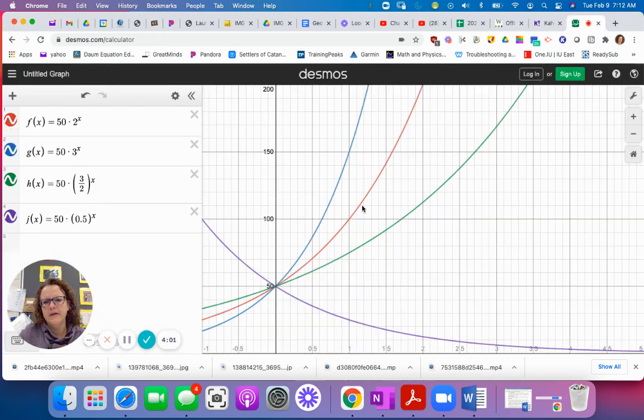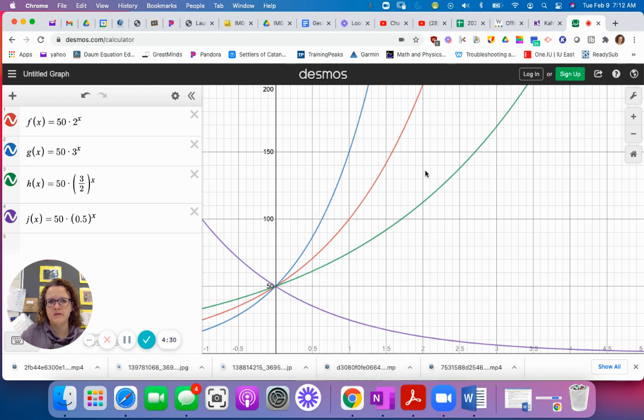So what we see here, I've graphed them all: f of x, g of x, h of x, and j of x. They each have an initial value of 50, which is good because right here we see the vertical intercept at 50. That's my initial amount. If I look at the red one, I'm doubling each time period. So if my initial value is 50, at 1 year I'm going to have 100.